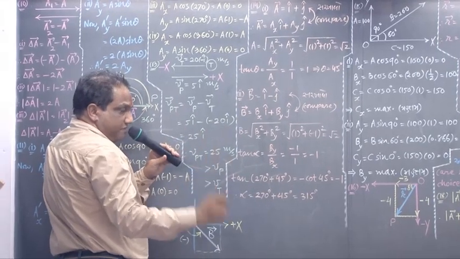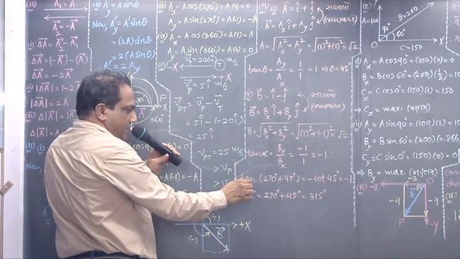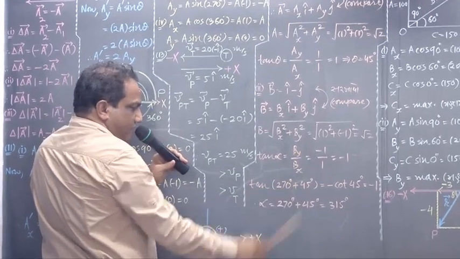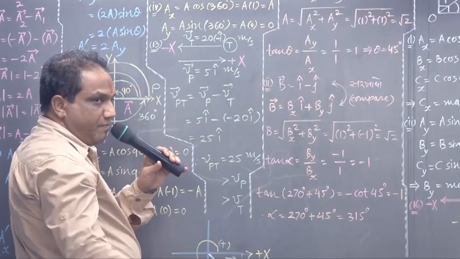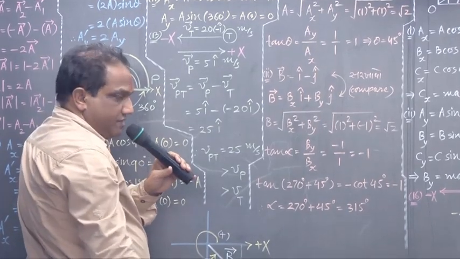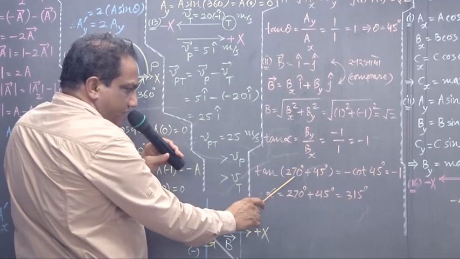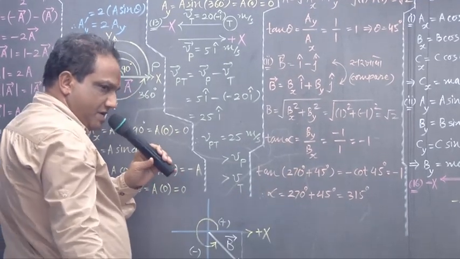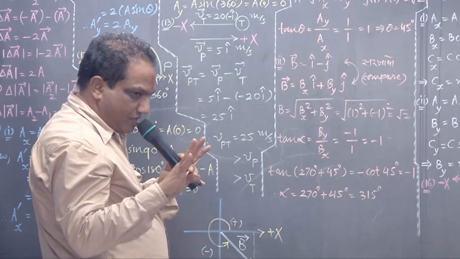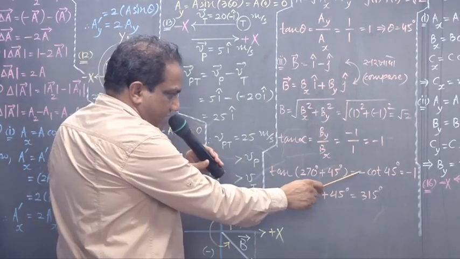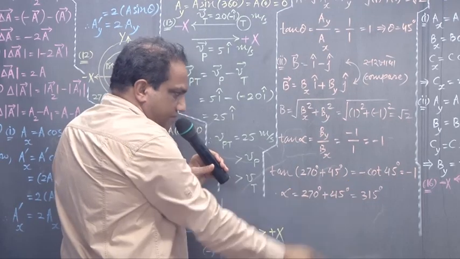Now take care. Suppose I take tangent of 270 degree plus 45 degree. Then tell me, it is now 270 plus, so it is now the 4th quadrant. In the 4th quadrant the tangent function is negative, so I must write a minus sign.